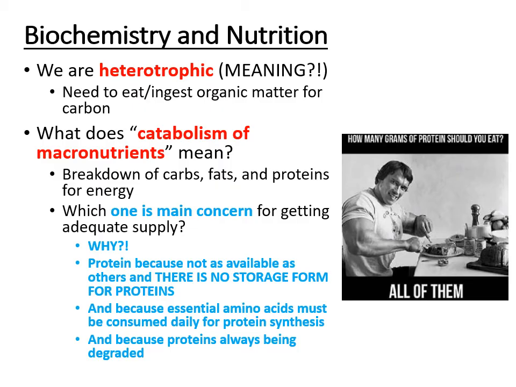So now let's connect biochemistry and some of the terminology we've learned to nutrition, which is very significant in your everyday life. So first off, I want to point out that we are heterotrophs as opposed to autotrophs. So we need to eat or ingest organic matter for carbon, whereas autotrophic organisms are self-feeding.